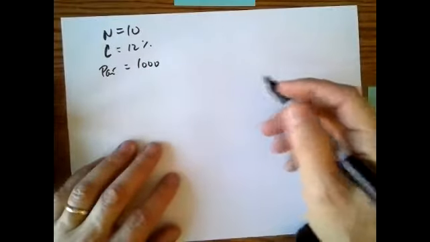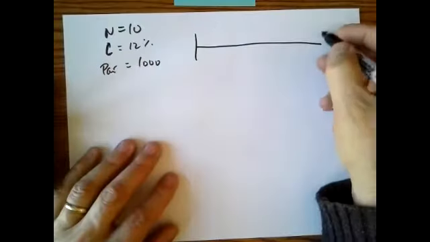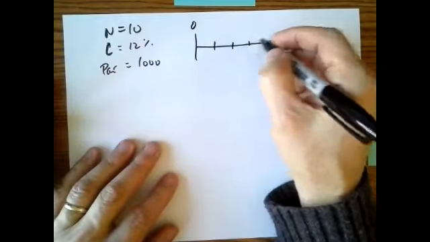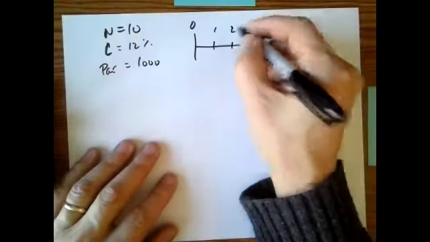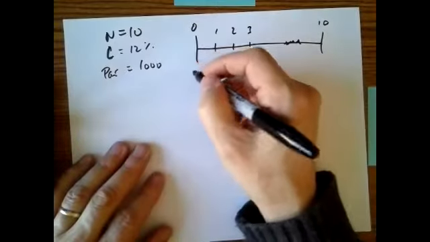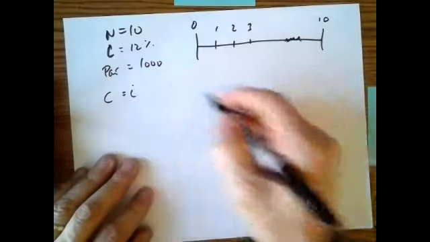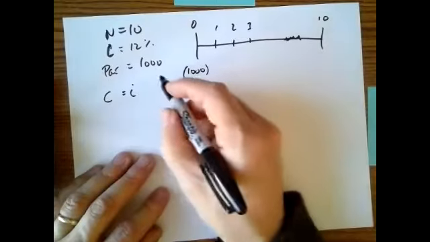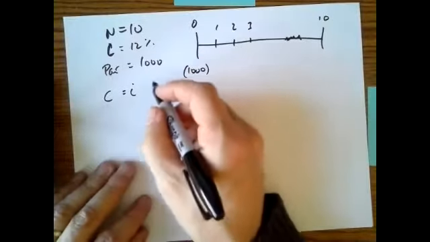Okay. So what would this look like if we drew a timeline for this bond? We'd have time 0, and then years 1, 2, 3, and a little squiggle to fast forward to year 10. At time 0, assuming that the coupon rate is equal to the market interest rate, you would invest $1,000, and then you would receive coupons of 12% of the par value.